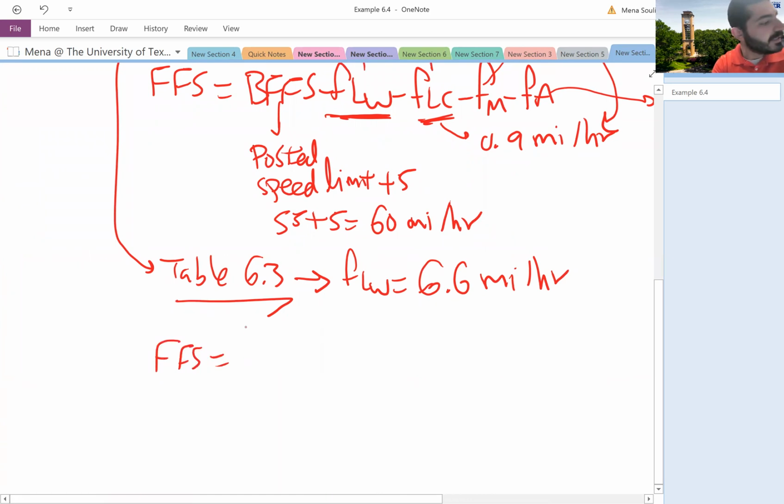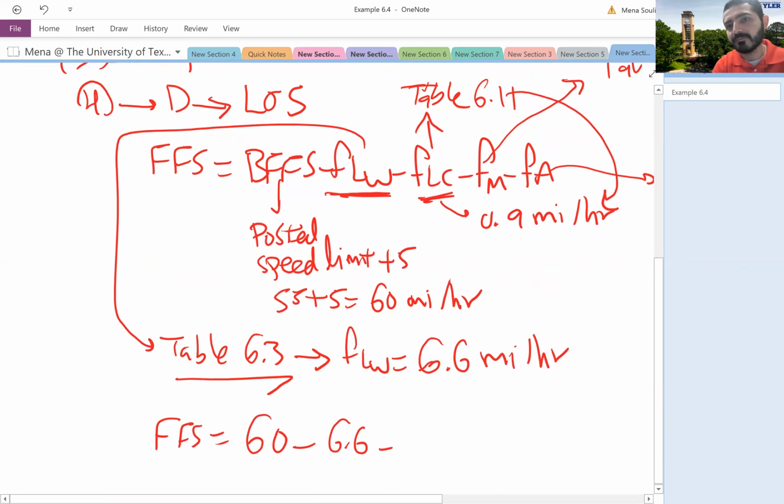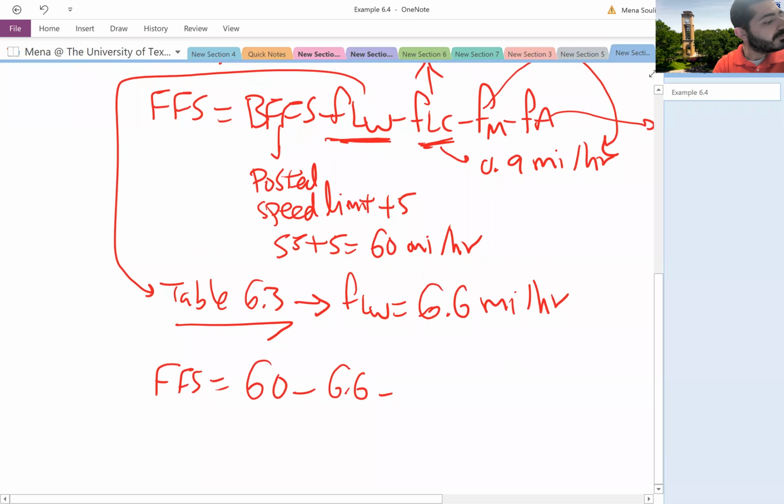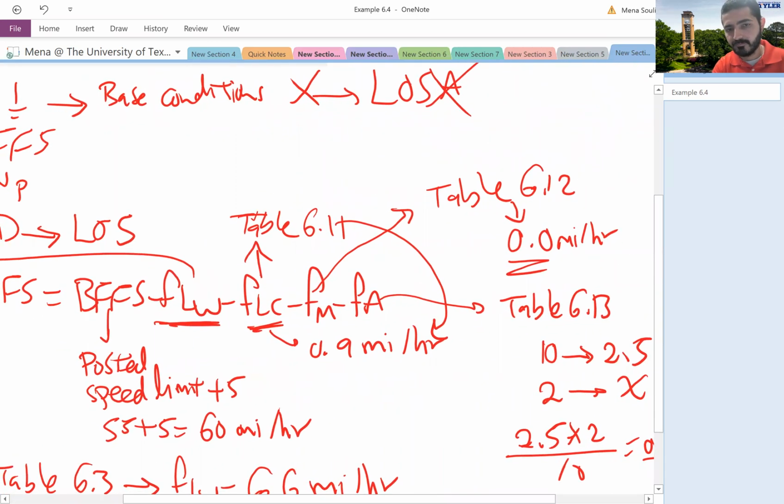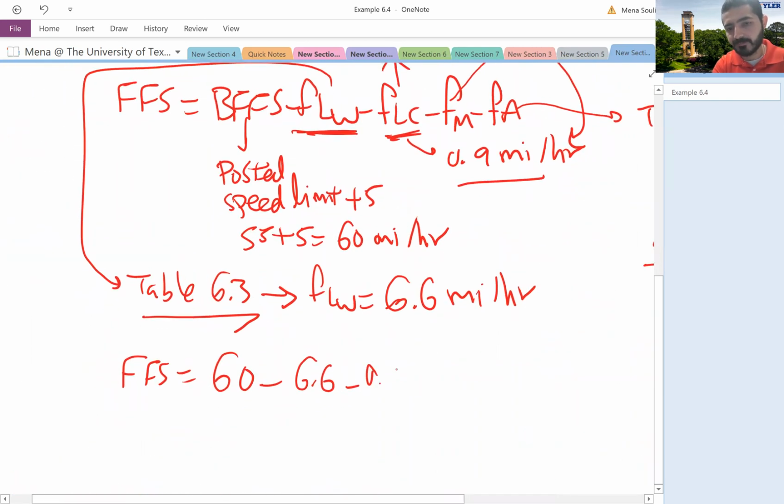So I got all the numbers, so I can get back now to the FFS calculation. FFS is now simply equal to 60 miles per hour, which is the free flow speed at the base condition, minus FLW, which is 6.6 miles per hour, minus FLC, and that was 0.9, minus FM, which is 0, minus FA, and that was 0.5.